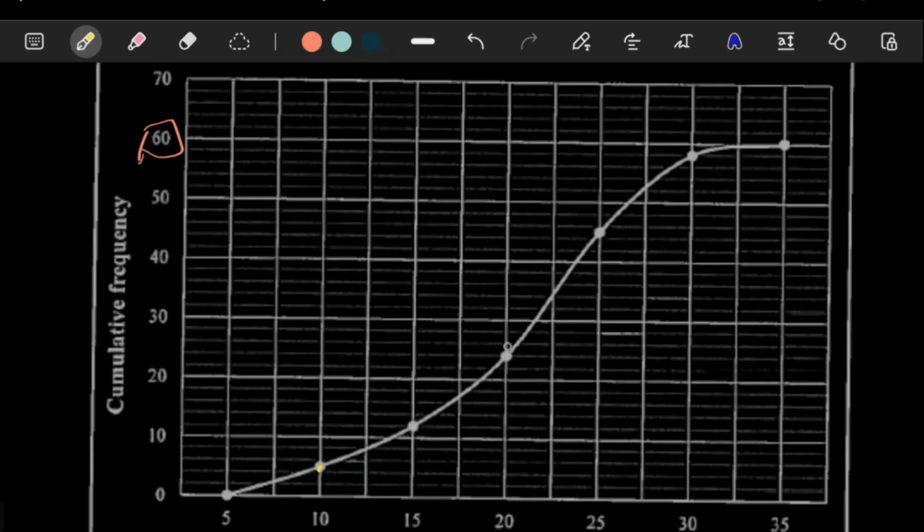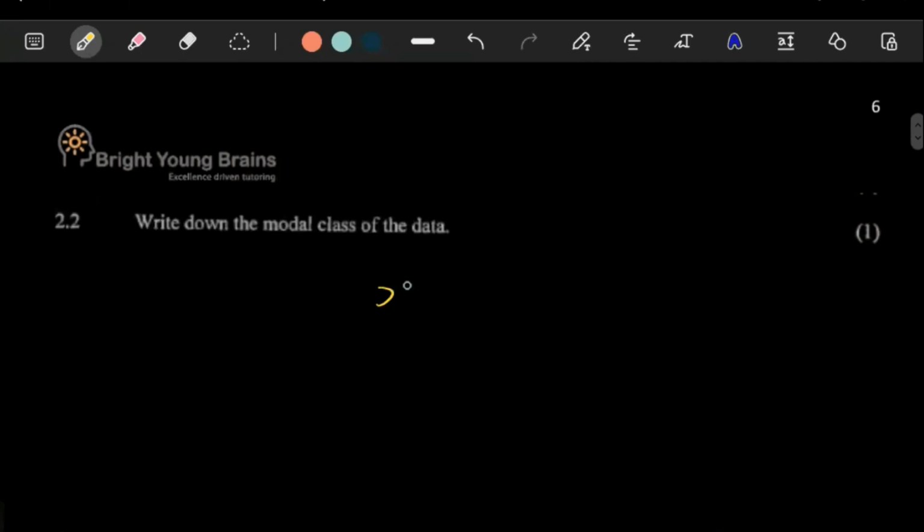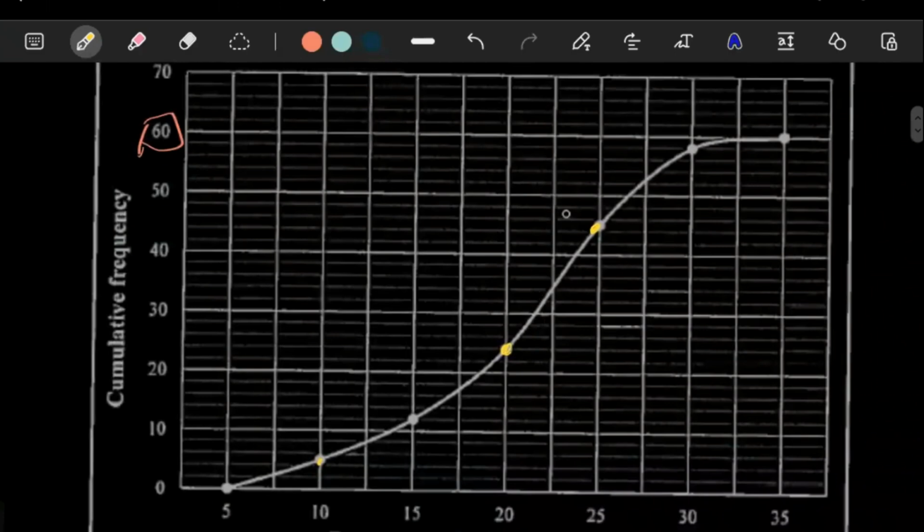It looks like the biggest jump is from here up until this dot here. And that's between 20 and 25. So the mode or class is between 20 and 25. So you're going to say here, x is bigger than 20, but smaller or equal to 25. That's going to be your mode or class, because that's the portion with the biggest jump, you see.